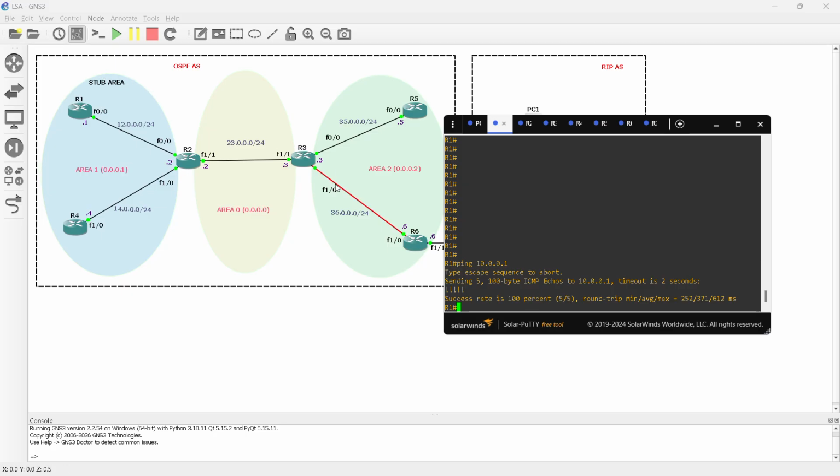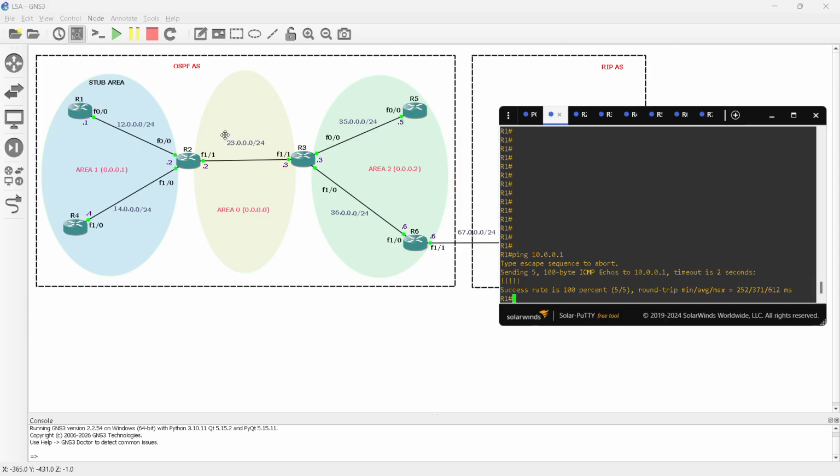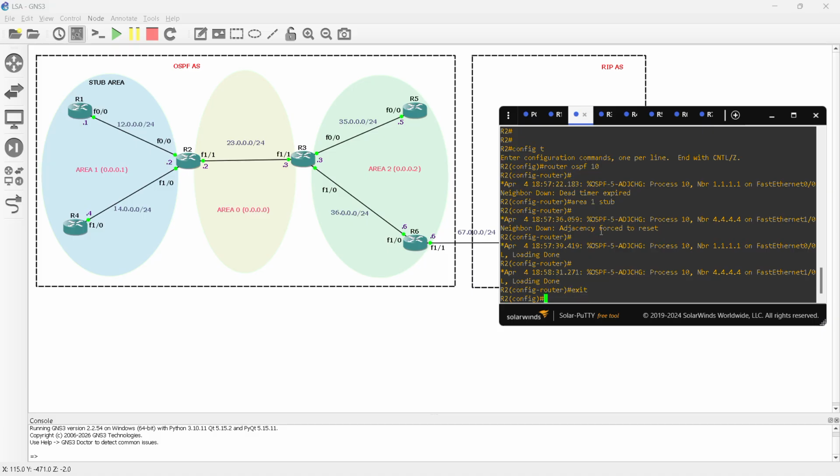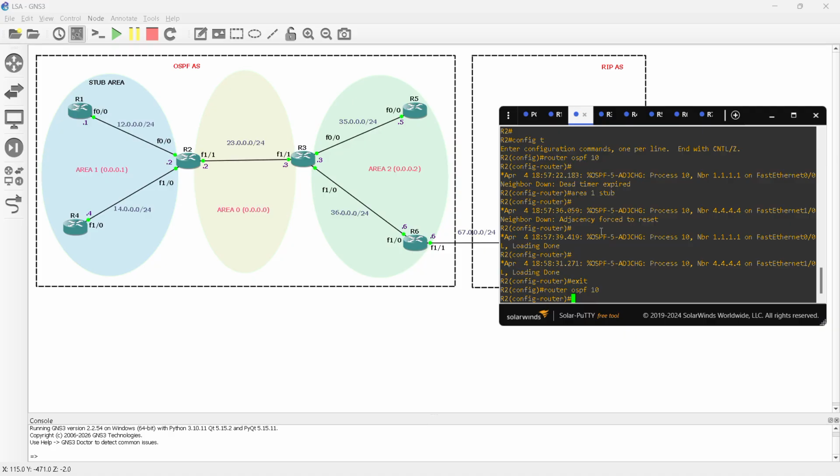Now let's do it for the totally stubby area. For that, what we will do is R2 is responsible for populating the network summary LSA in our area 1, right? As it is the ABR, area border router. So we'll go to R2, just R2, okay? And we will say router ospf 10.